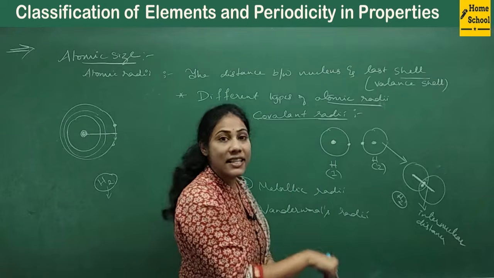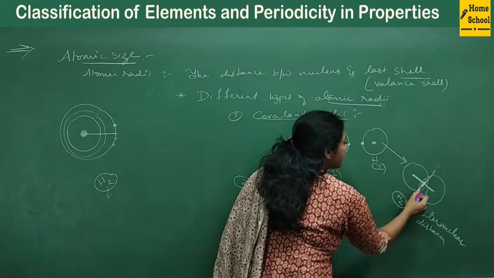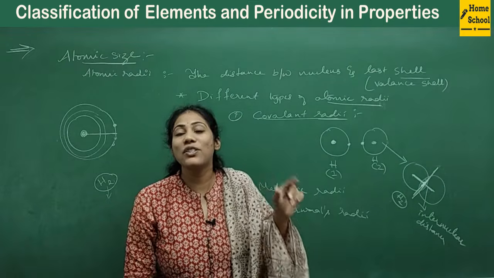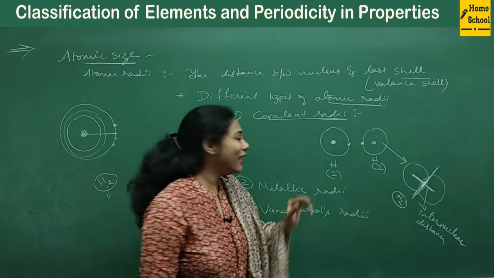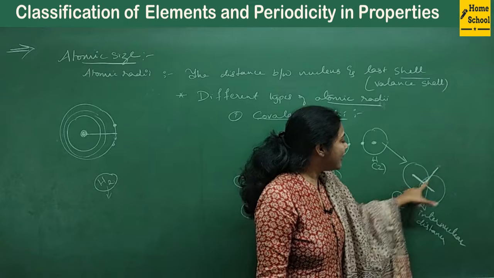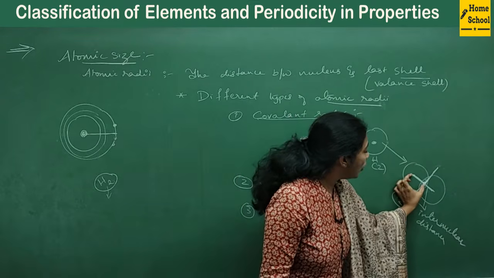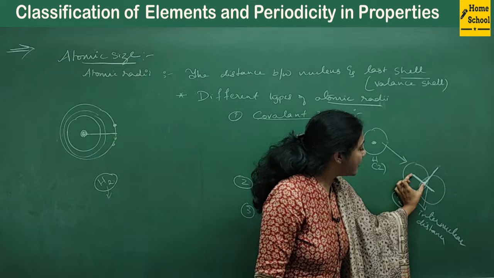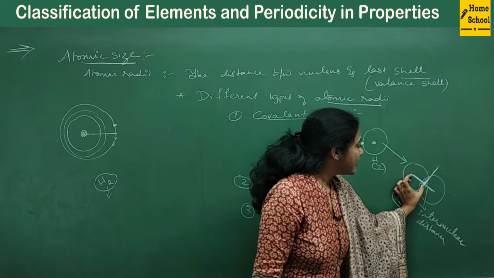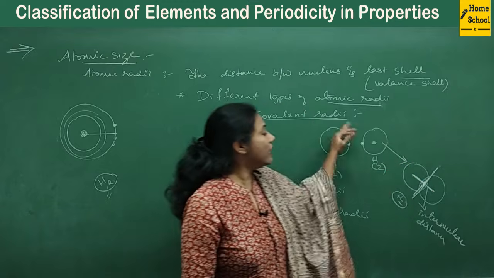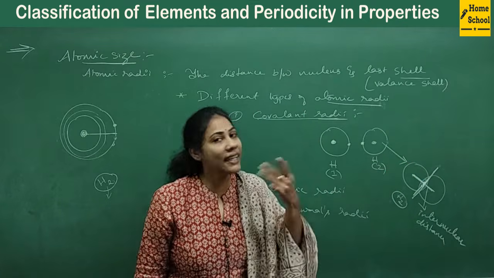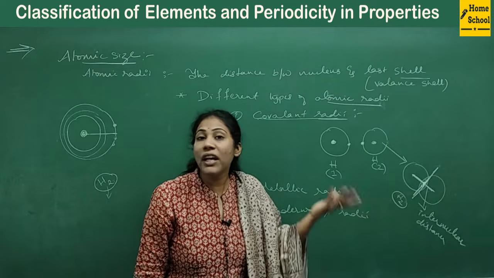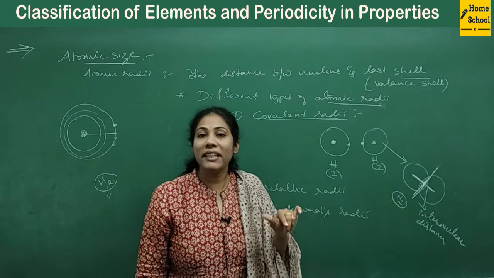Covalent radii is nothing but half of this internuclear distance. If you make this distance half, almost it can be equal to the size, the radius of this atom, right? Anyway, actually covalent radii is smaller than the actual radius, but it can be considered as one of the types of atomic radii.